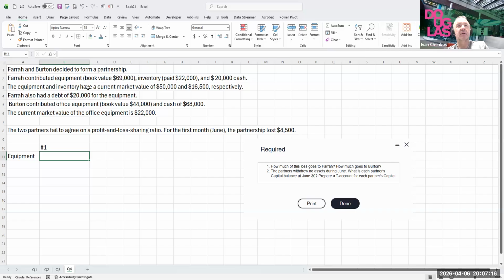The equipment and inventory have a current market value, so the book value is irrelevant for us, and how much they paid is irrelevant for us.